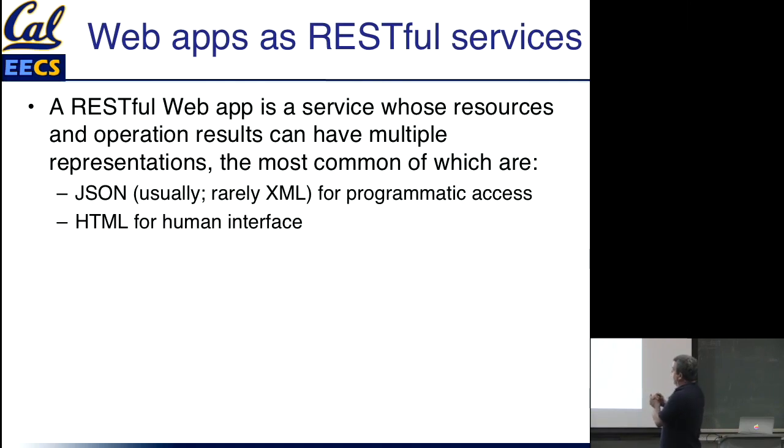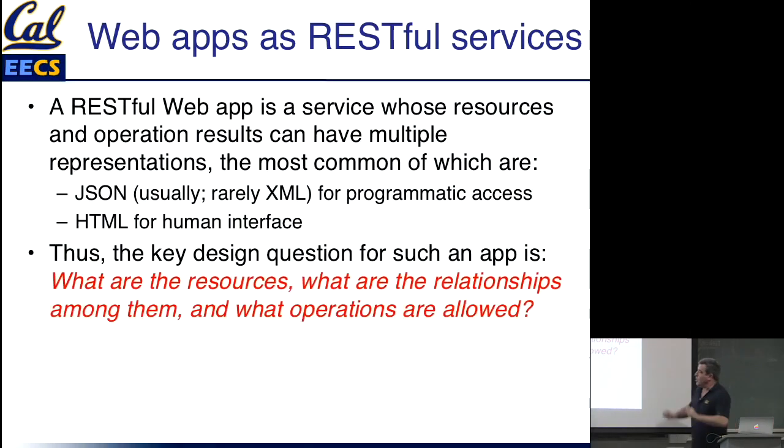Right? So as we've seen, JSON and less these days XML is a way that programmatic results are returned. HTML is a way to return stuff that can be rendered in the browser. But what you're thinking about when you're designing an app is what are the resources that your app manipulates? And what are the relationships among those resources and what operations are allowed to be done? That is what designing an app really is.